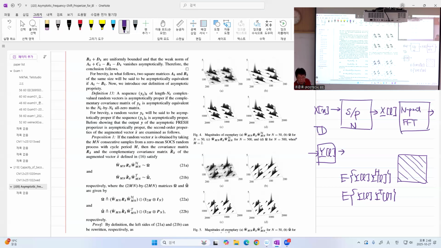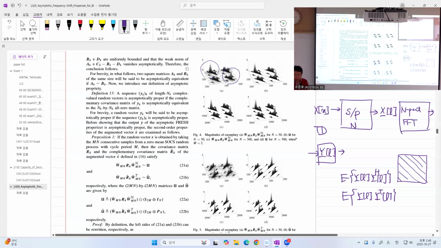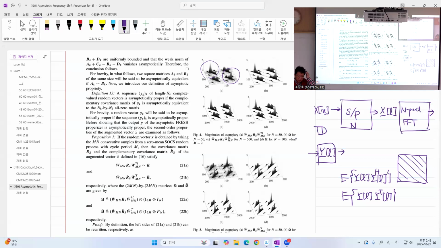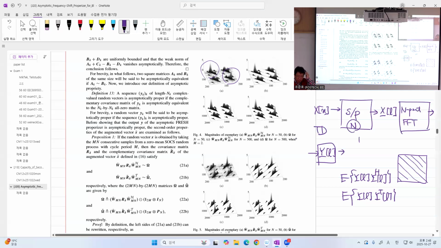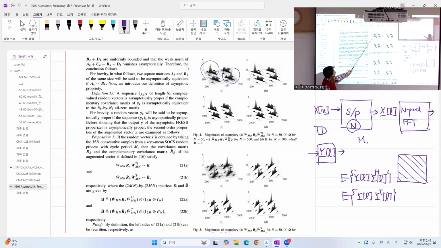Here, the reason why we have this periodicity is that, if I remember correctly, due to some choice of n and m, that would contribute to how many sub-blocks you have. Here, n equals 50. What does that mean?